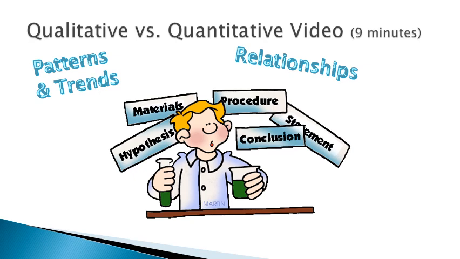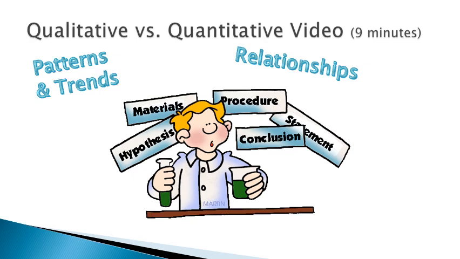Does this cause that? So does this gang intervention program reduce gang recidivism, or people going back into jail? Does this job training program, I'm making this up, reduce unemployment or increase employment?